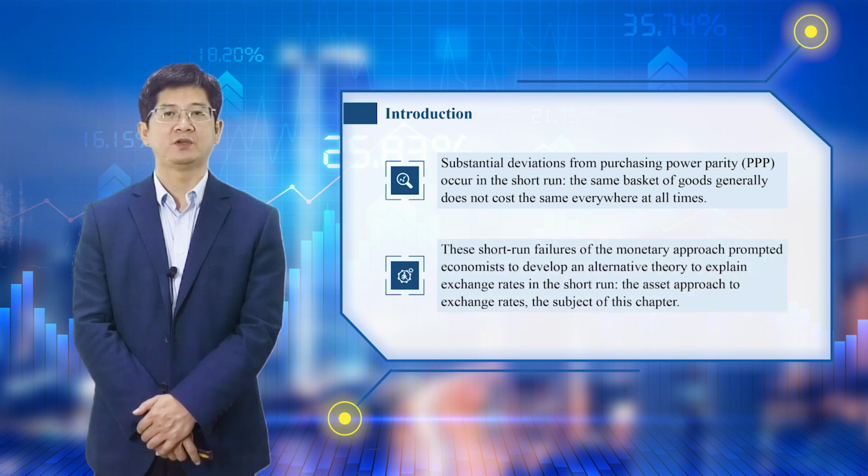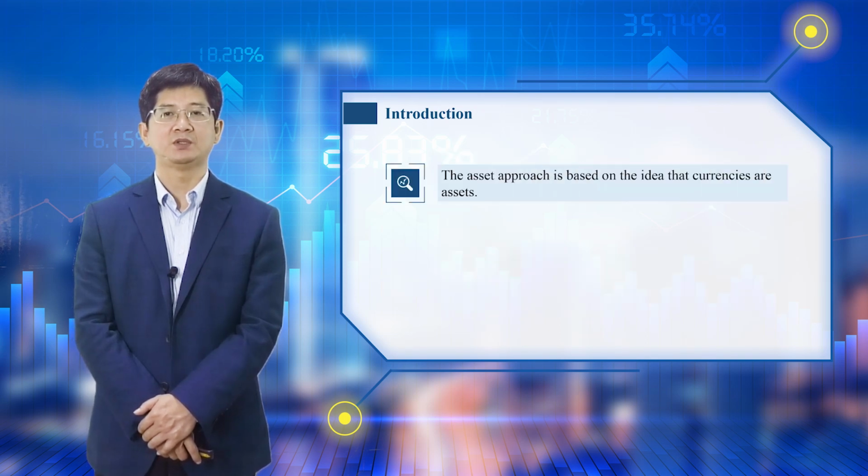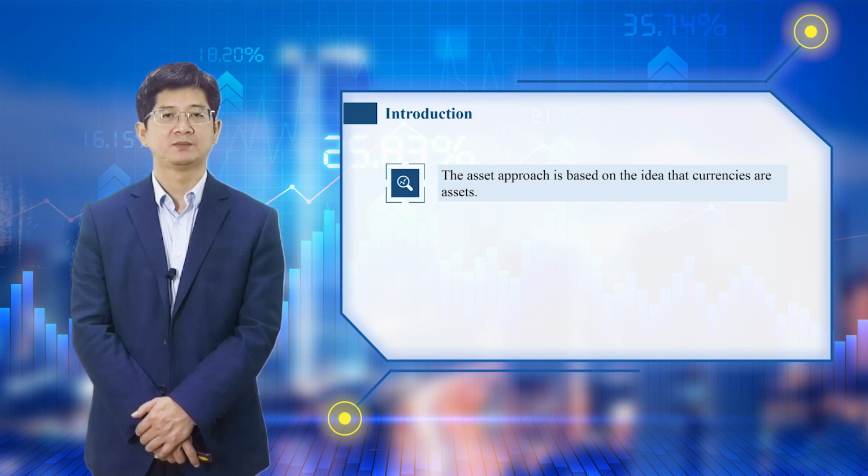These short-run failures of the monetary approach prompted economists to develop an alternative theory to explain exchange rates in the short run, the asset approach to exchange rates. The asset approach is based on the idea that currencies are assets.